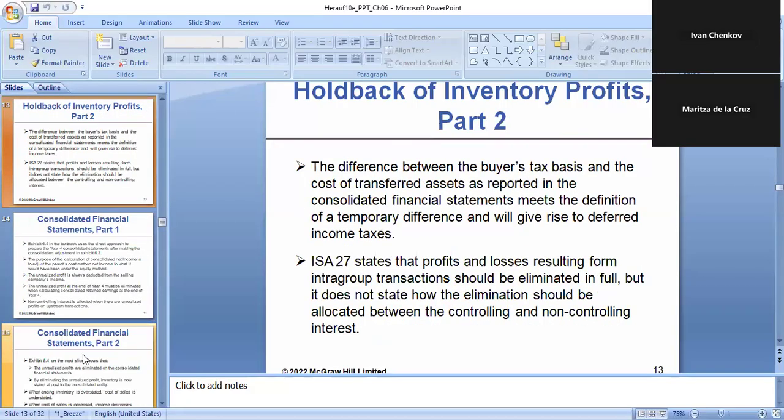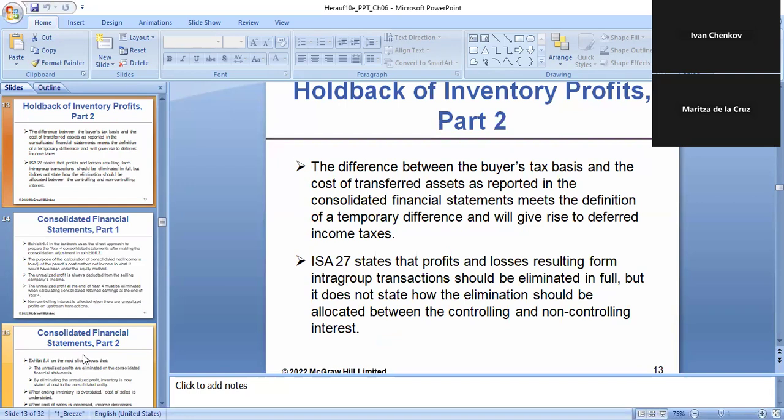Now, the difference between the buyer's tax basis and the cost of the transferred assets as reported in the financial statements needs to meet the definition of temporary differences. That will increase the deferred income taxes.